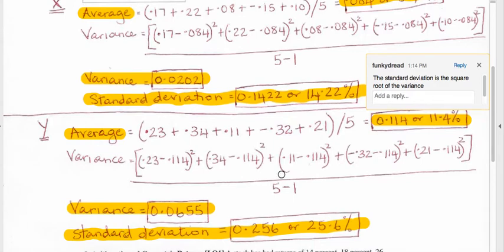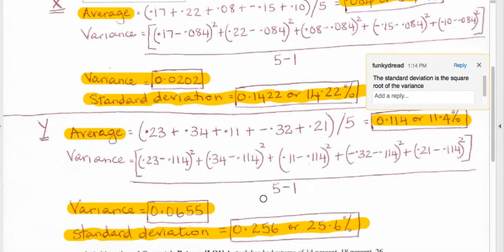You find the deviation from the average, and then you square them, right? Find the average, find the deviation from the average, you square them, and then you find the average of the squared deviations. And remember, we're dividing by n minus 1 because it's a small sample size.